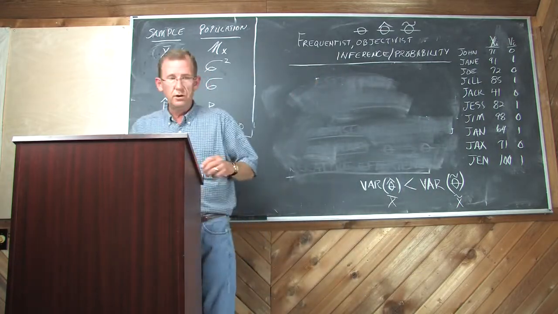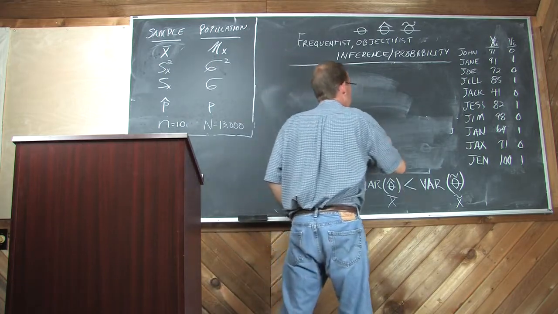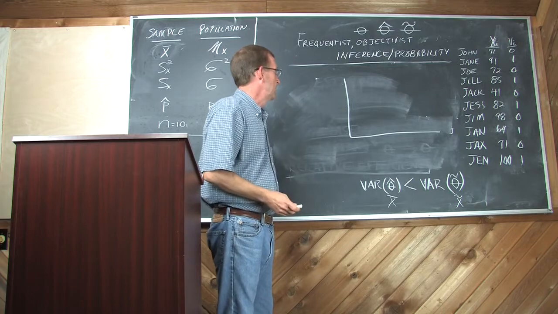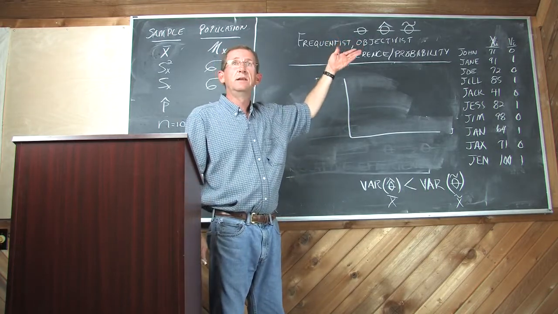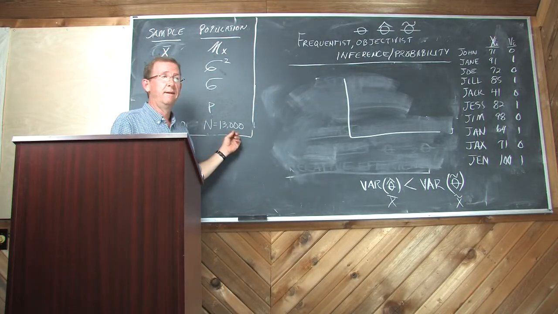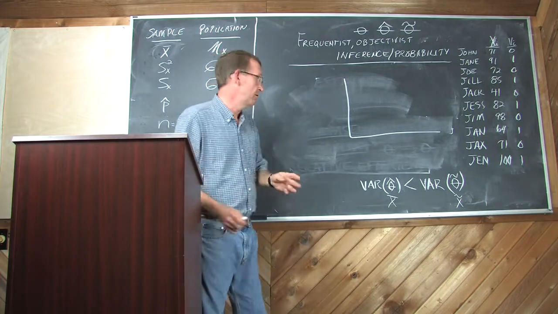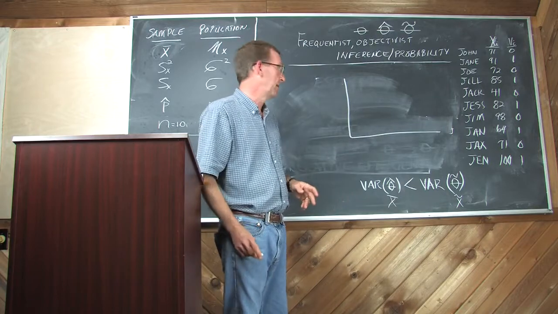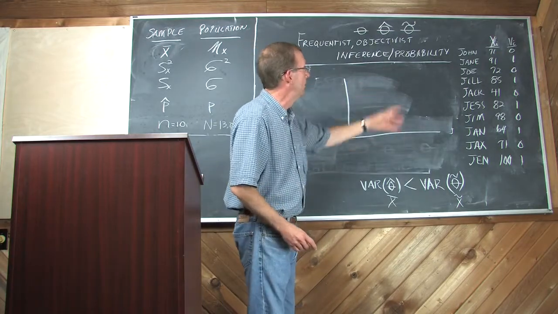Now let's get a look before running away. Get a visual of what we mean by relative efficiency, and also at the same time by unbiasedness. So what we're going to have here on the y-axis is simply the number of times. We're going to do this 13,000 times. The number of times that we observe a particular value for theta hat, or in this case x bar, and so this runs from our observed scores.